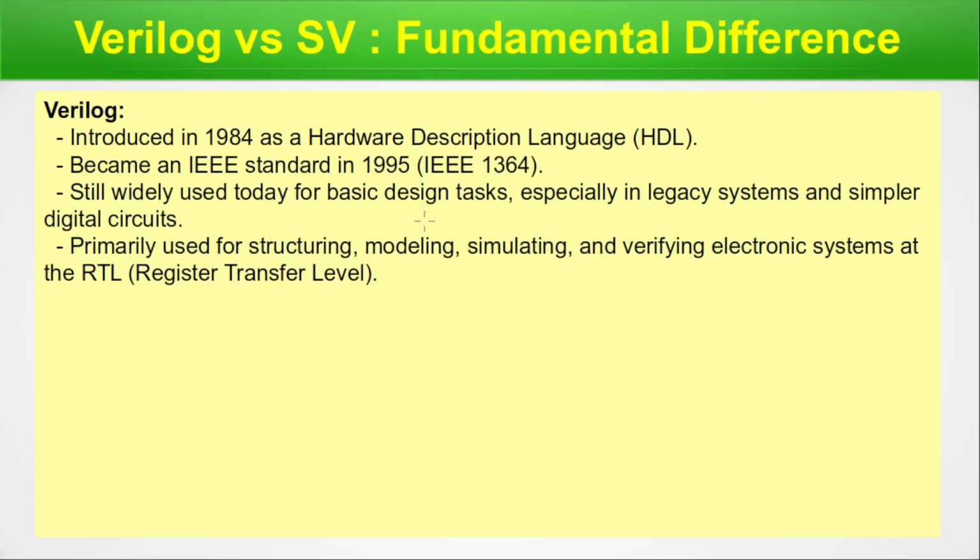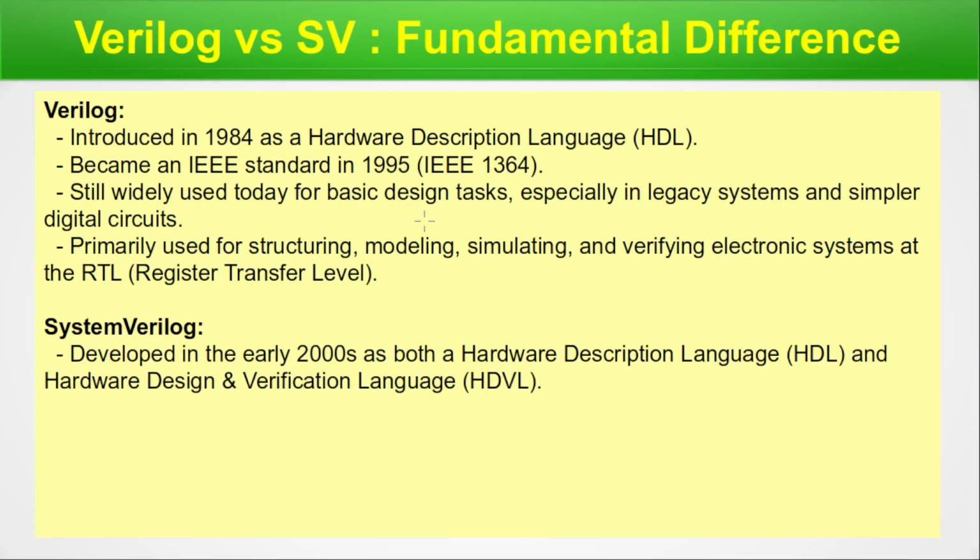Now let us move on to SystemVerilog. It was developed in the early 2000s, and you can see Verilog was an HDL, right? That is the hardware description language, and SystemVerilog is a hardware design and verification language, abbreviated as HDVL.